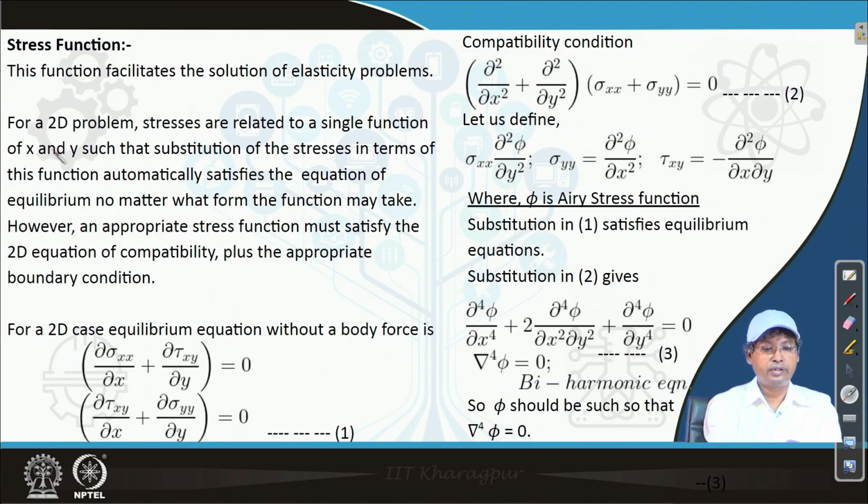For a 2D problem, stresses are related to a single function of x y, such that substitution of these stresses in terms of this function automatically satisfies the equation of equilibrium, no matter what form the function may take. However, an appropriate stress function must satisfy the 2D equations of compatibility plus appropriate boundary conditions.